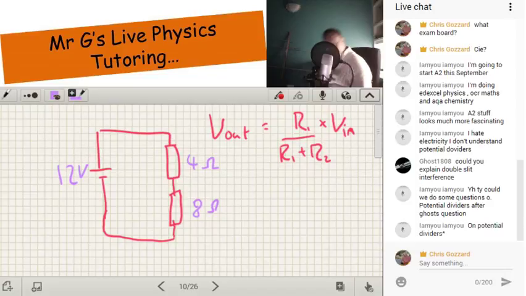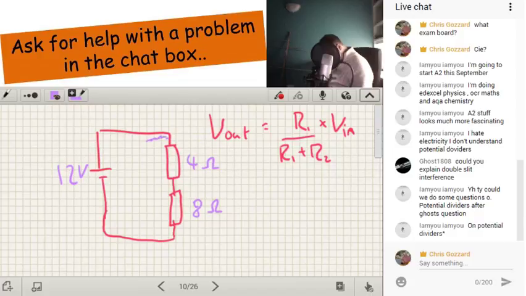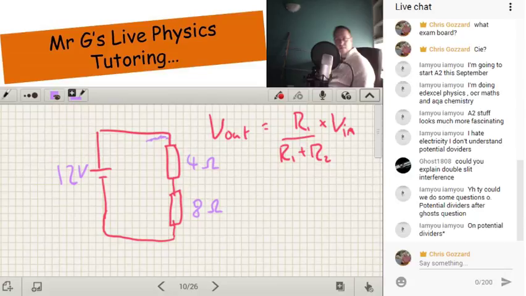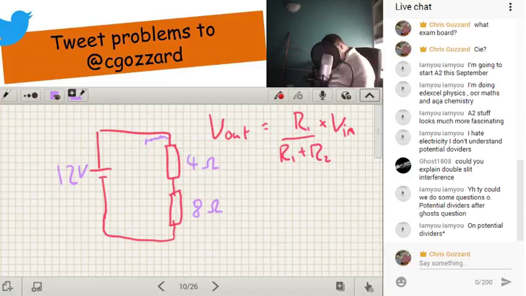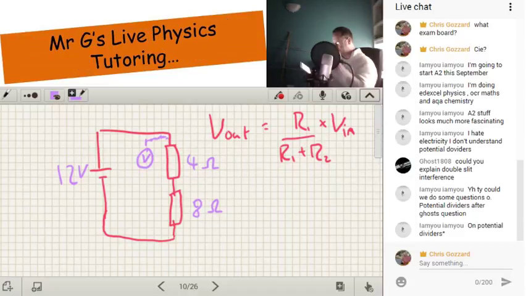Okay. Let's say we want to know what's the voltage across our potential divider here.